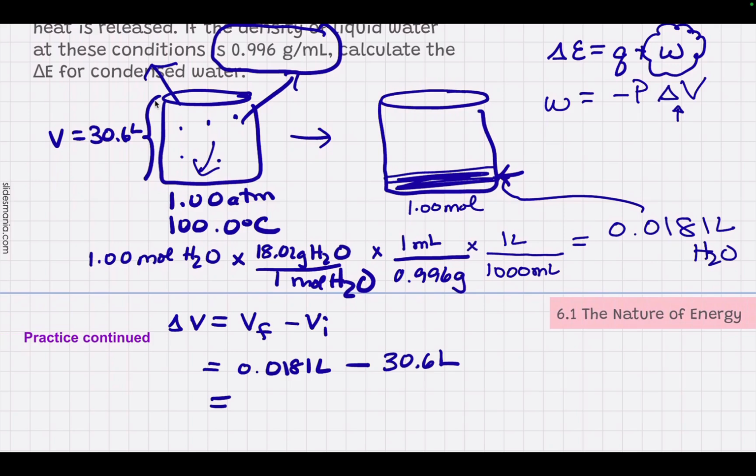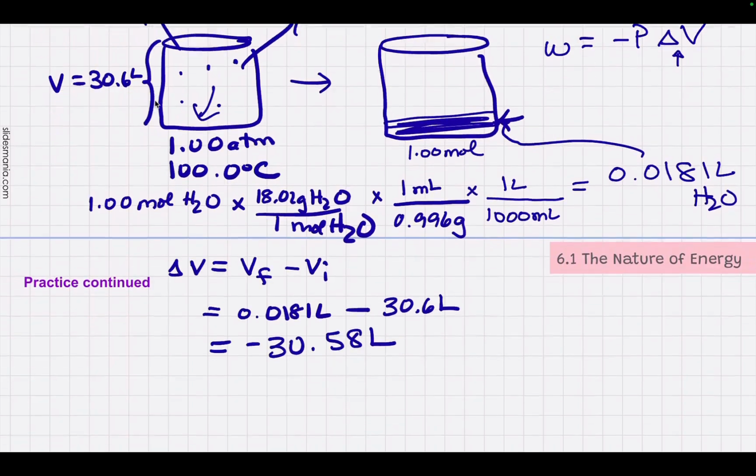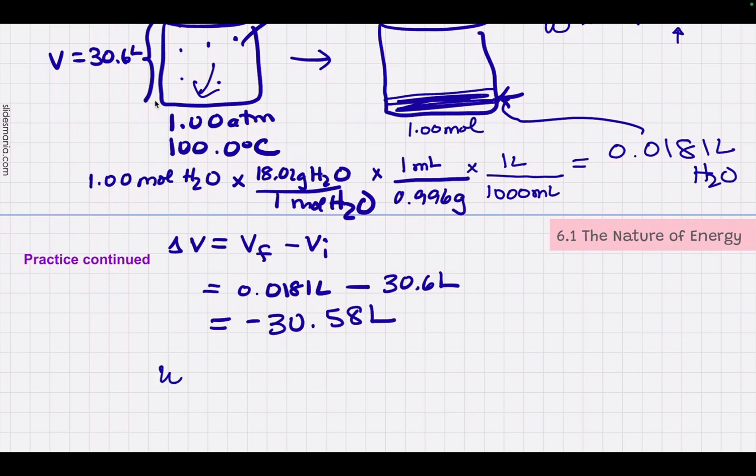I just want to make sure that you see that it's changing. So when I do this, I get a value of negative 30.58 liters. And then I am going to now plug into the work equation. And my external pressure is 1 atm, given in the question. And then that delta V value.